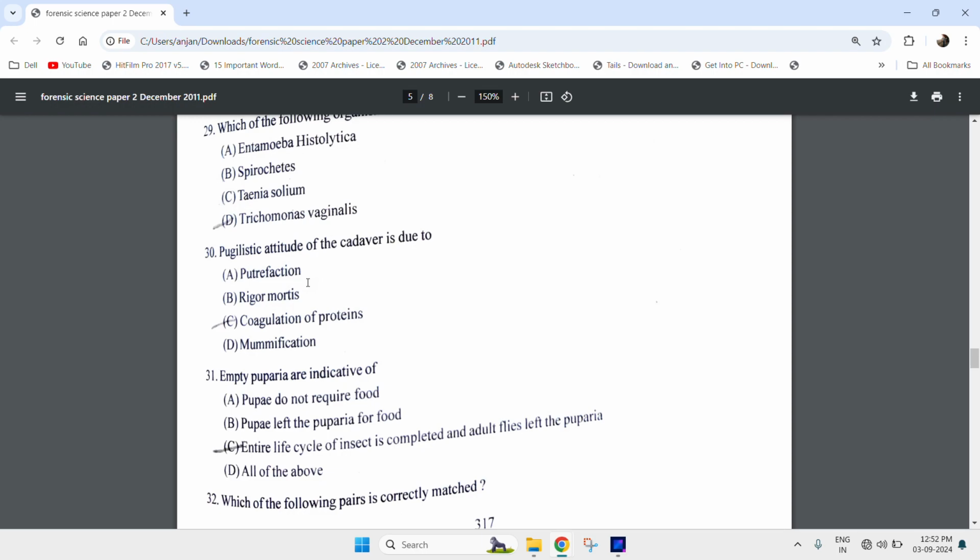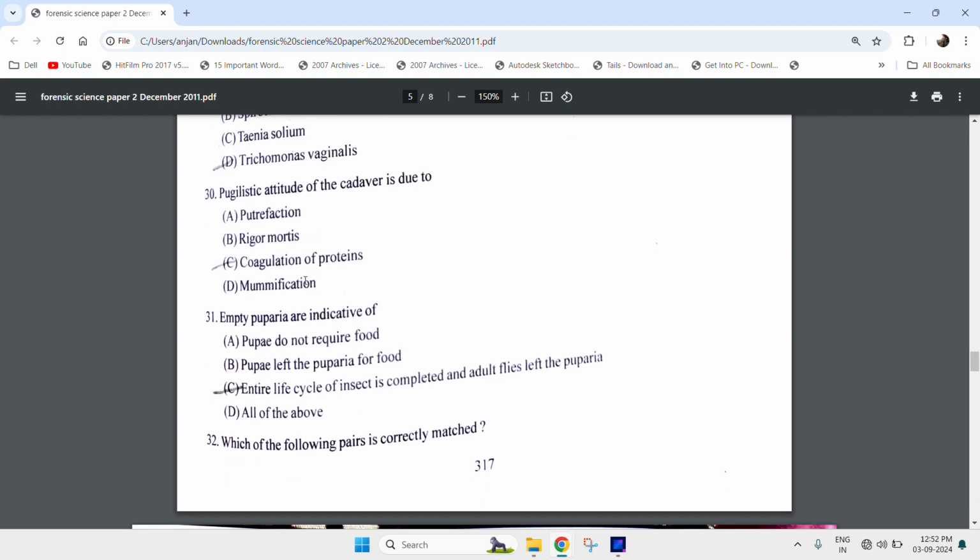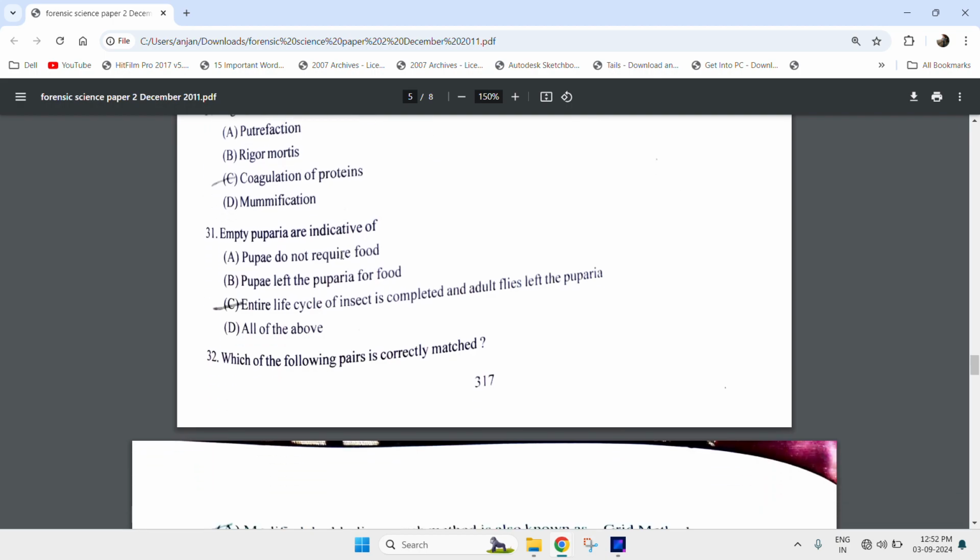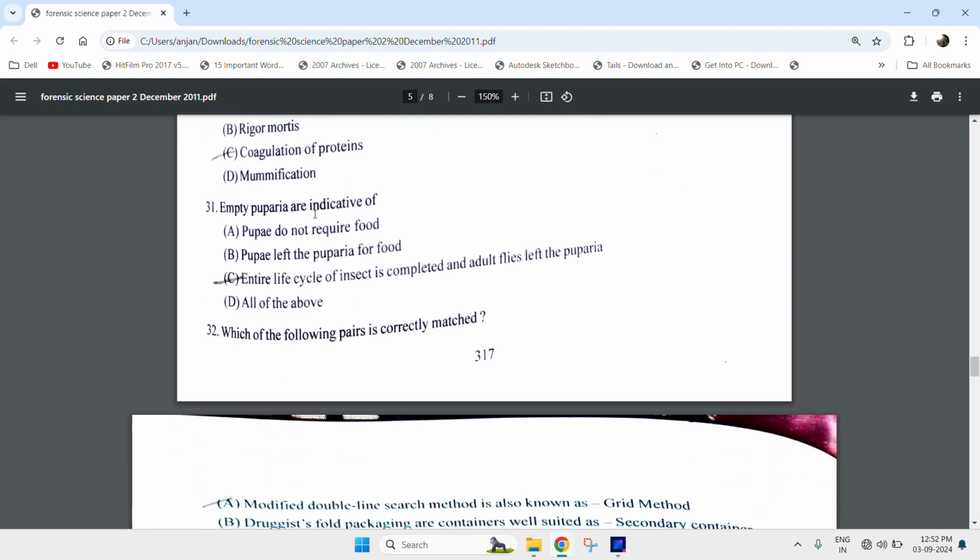Pugilistic attitude of the cadaver is due to coagulation of protein. Empty puparia are indicative that the entire life cycle of the insect is completed and the adult flies have left the puparia.